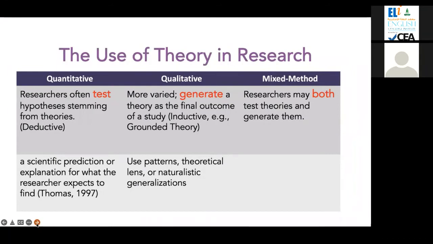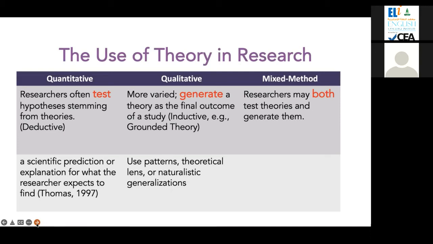Now, after introducing the basic terminology and background required for this, we need to move into the different types of research: the quantitative type, the qualitative, and the mixed method research. Now, the use of theory in each type is different. In quantitative research, we basically test hypotheses stemming from the theories.